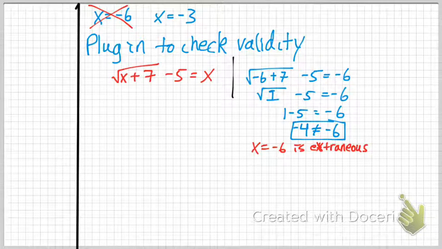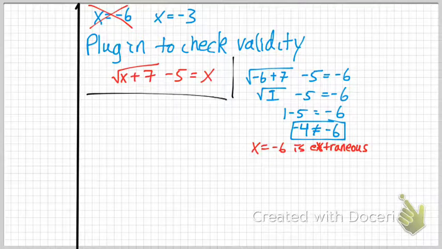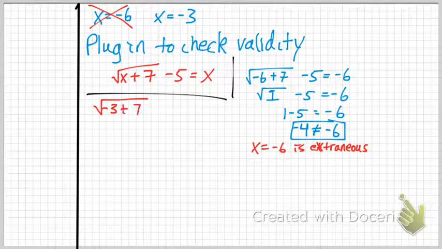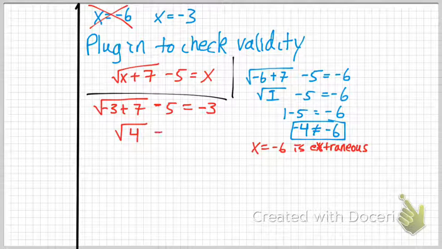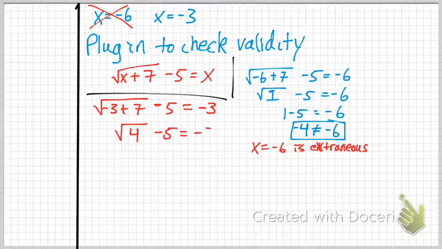Alright, and then I'm going to do the same thing, but now for x is equal to negative 3. So I can go ahead and plug in here. So I've got the square root of negative 3 plus 7 minus 5 is equal to negative 3. Alright, so the square root of negative 3 plus 7, that becomes the square root of 4 minus 5 is equal to negative 3.